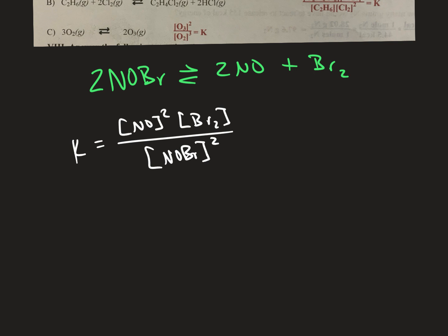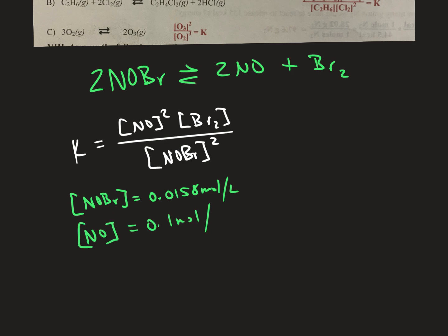All right, so if we know the concentration of NOBr is equal to 0.0158 moles per liter, and that's just the unit of concentration we'll use. We'll get into concentrations more next unit. And the concentration of NO is equal to 0.1 moles per liter.